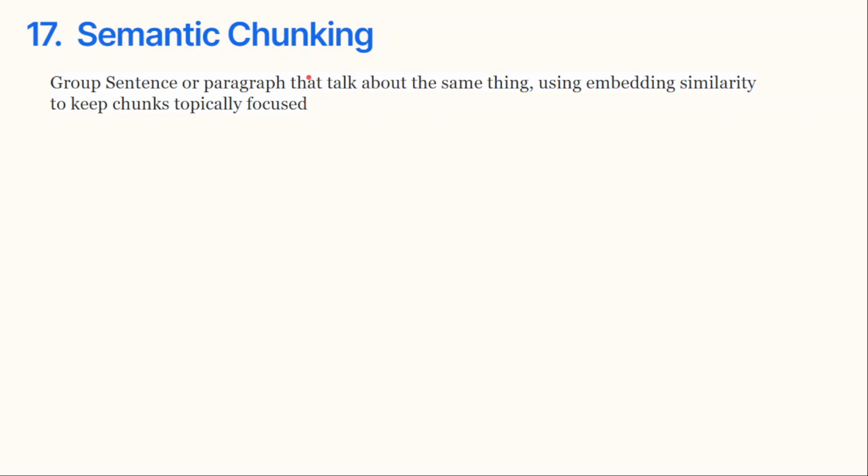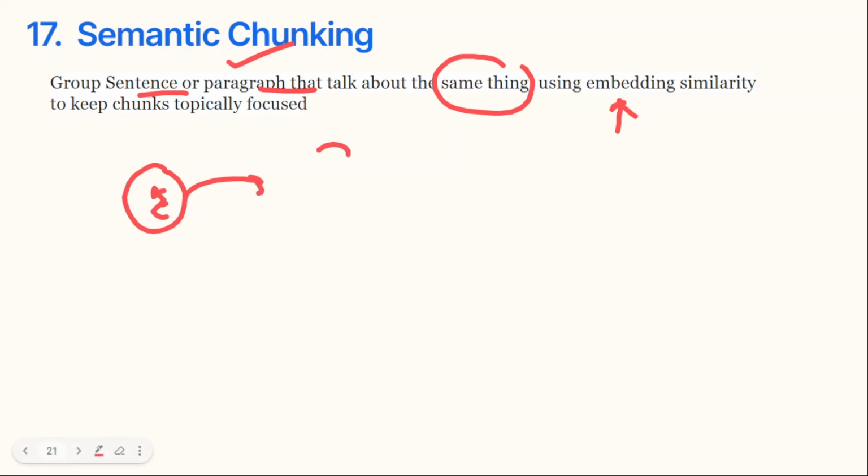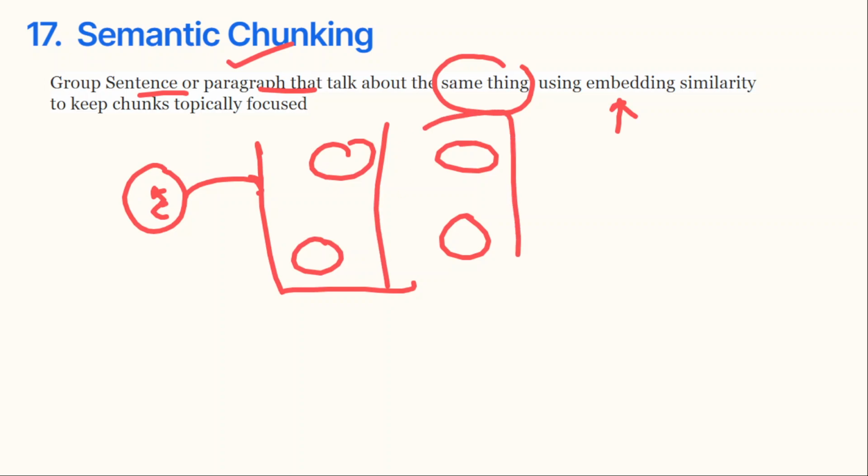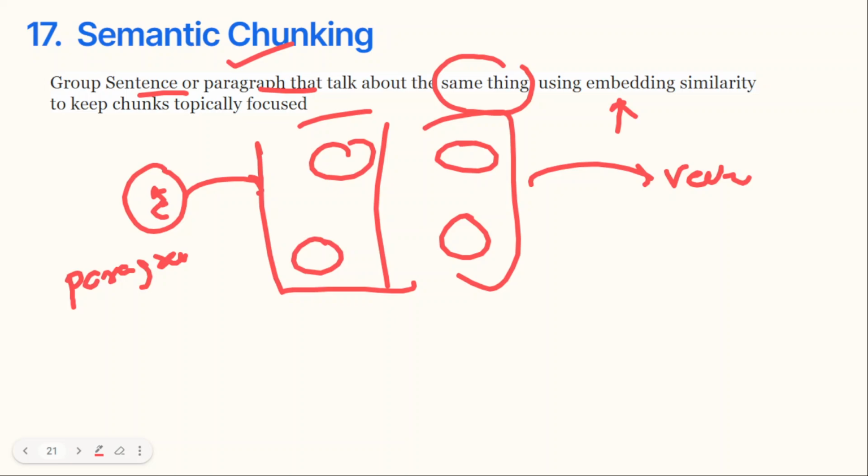So next is something called semantic chunking. What happens is we group the sentences or paragraphs that are about the same thing using embedding similarity. We use an embedding model, which helps to group similar content, and then we convert this into chunks and store them in the vector DB. When can we use this? Whenever techniques like paragraph chunking or fixed window chunking, or many of the earlier chunking methods, fail, then you definitely go ahead with semantic chunking.